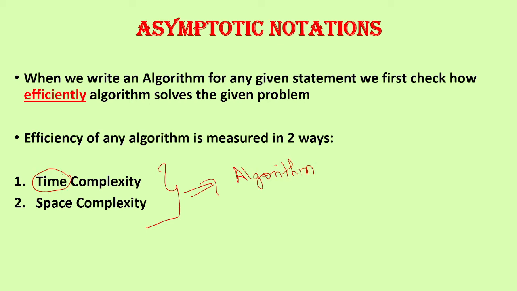If the time is less and the space is less to execute that algorithm, that means that algorithm is the best algorithm, or you can say an efficient algorithm. But if the algorithm is taking more time to execute and more space, then you can say the algorithm you have written is a worst algorithm.